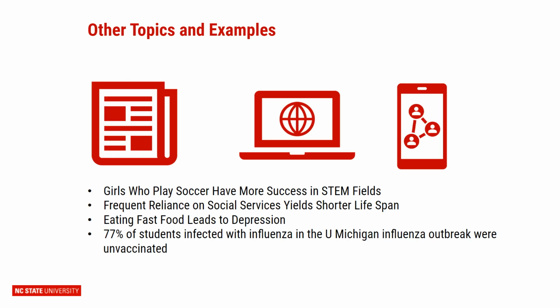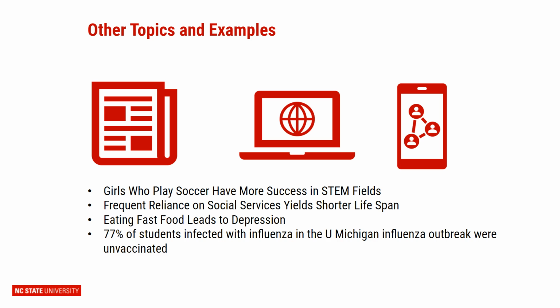You can also utilize current headlines or claims in the media relevant to your course content, collected either by the instructor or students. Examples confounding correlation and causation include: girls who play soccer have more success in STEM fields; frequent reliance on social services yields shorter lifespan; eating fast food leads to depression.